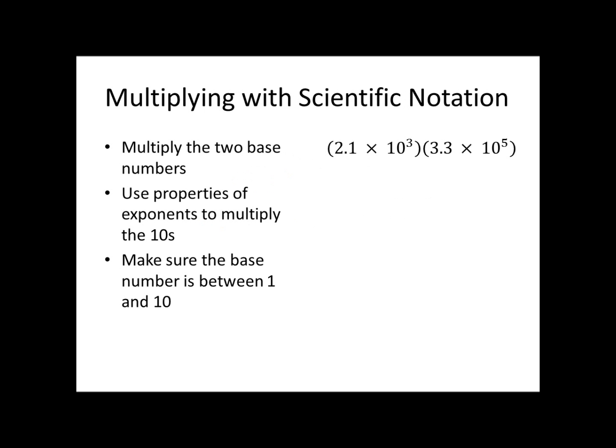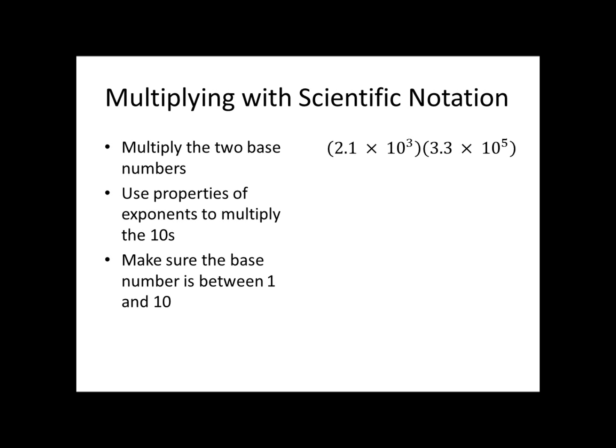Now, multiplying with scientific notation. This is really why it was invented, was for multiplying these numbers, for dividing them. If these were in their standard long form, doing this multiplication would be a pain in the butt. But it's actually easier when it's in scientific notation. I'm going to regroup these numbers.